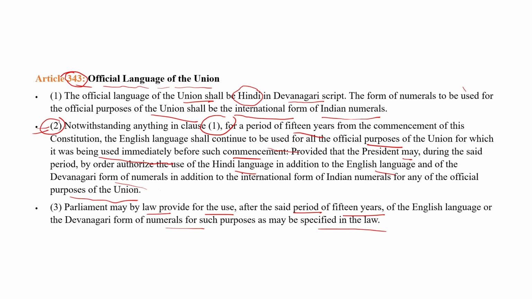So initially it was mandatory that for 15 years we can use English as the official language, but clause 3 of Article 343 says that later, after the period of 15 years, the English language or the Devanagari form of numerals for such purpose may be specified in the law according to the situation only.